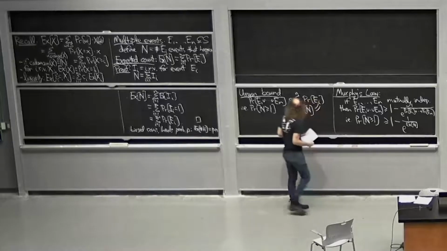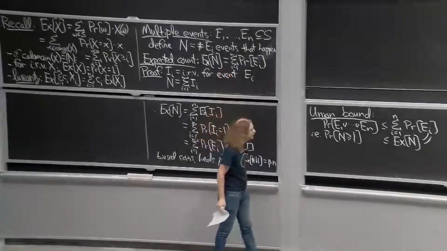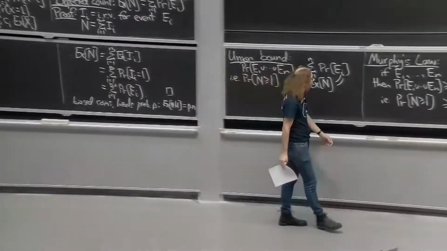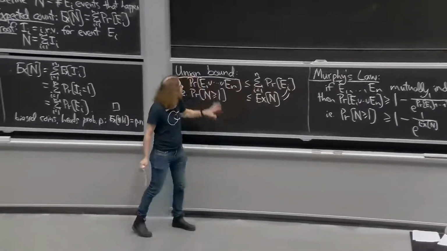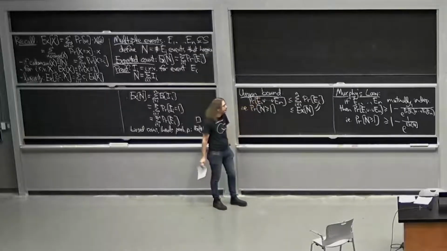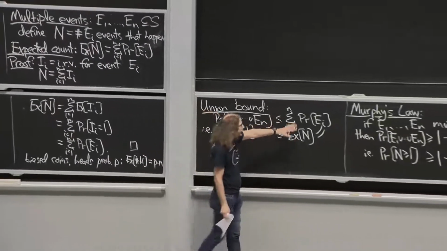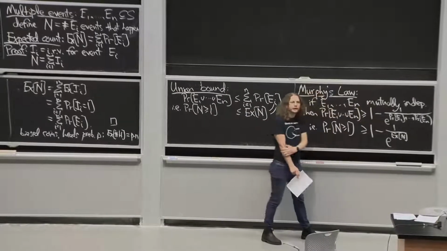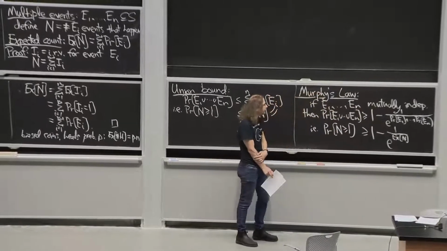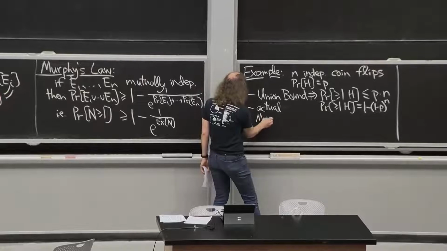Again, by this theorem, relating the expectation of n to the sum of those probabilities. So the union bound gives an upper bound. We want to know the chance of some event occurring, like some failure happening. This tells us it's at most something, and this tells us it's at least something, but this theorem assumes mutual independence, so it doesn't always apply. But in this example, it does apply. So we can apply Murphy's Law here.